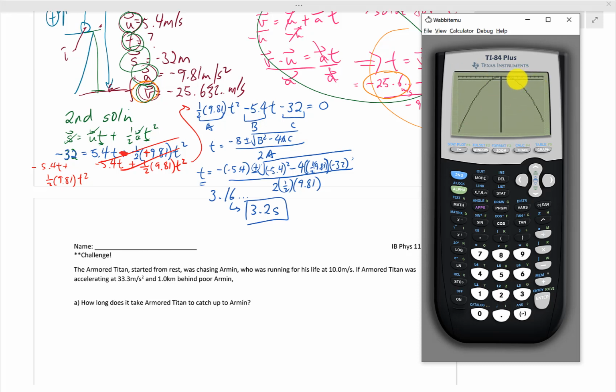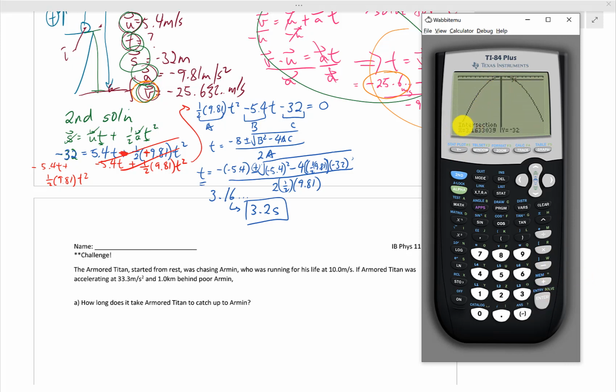Okay, notice the point of intersection here, past the origin in the positive section of the x-axis. That is the intersection point I want, so I'm going to go second calc, go down to intersection, and press enter. I'm going to move my cursor closer to the x side, and selecting my first curve, I press enter, selecting my second curve, which is the other line, and it does something funny like guess.